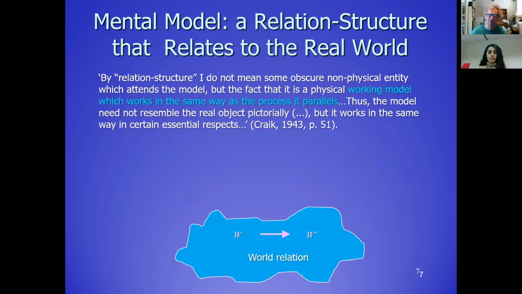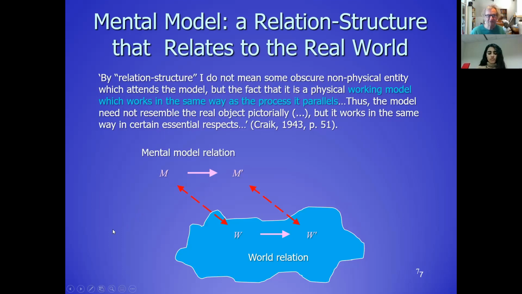So a mental model is in fact a kind of relation structure. You suppose in the world there are some processes, for example, the workflow in an organization. Then you can have steps like after this that will come, and then in your mental model you have counterparts in the form of mental states, and they have a similar causal relation, that this will follow that one.